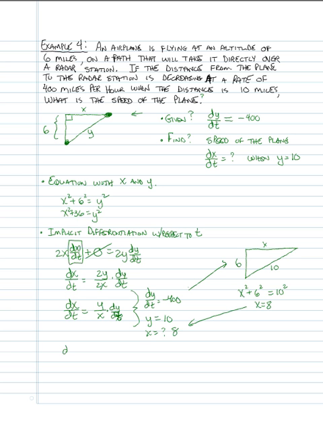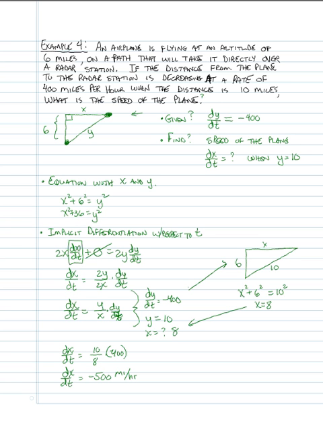So the derivative of x with respect to t is y, 10, divided by x, 8, times dy/dt, which is 400. Oh, and it's actually negative 400, isn't it? So with a little bit of calculation, that comes out to negative 500 miles per hour.